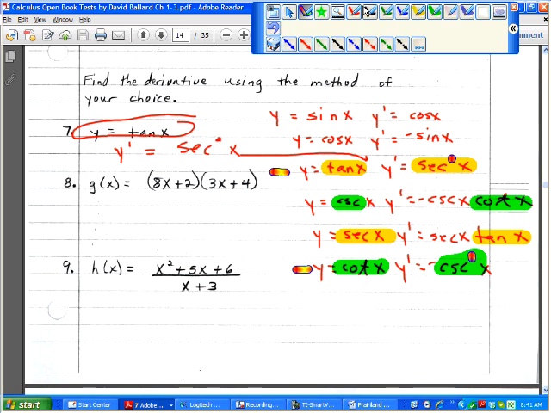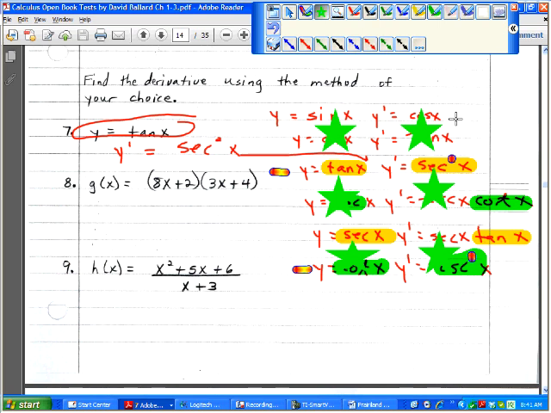And we also notice that anytime it has a C, there's a negative. C, negative. C, negative. So every time there's a C in the original function, there's a negative in the derivative. We see that tangent is connected to secant.